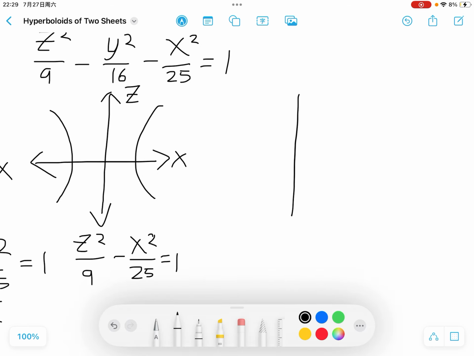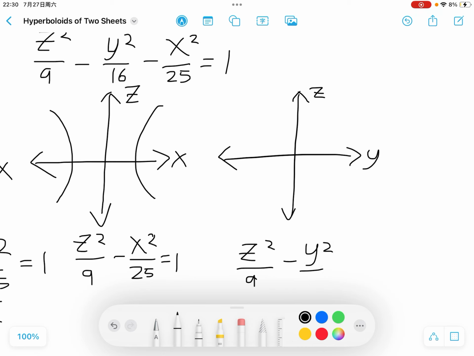So now we can graph the YZ trace. We let X equal 0, and we have Z squared over 9 minus Y squared over 16 is equal to 1. So our hyperbola is something like that.